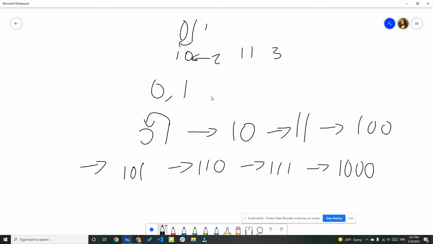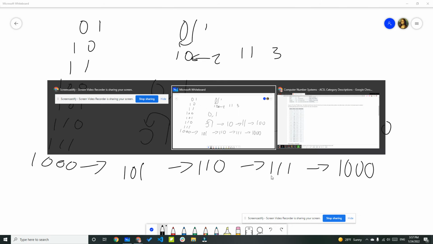That's really easy to do. It's 1, 10, 11, 100, 101, 110, 111, and 1000, and it goes on like that.